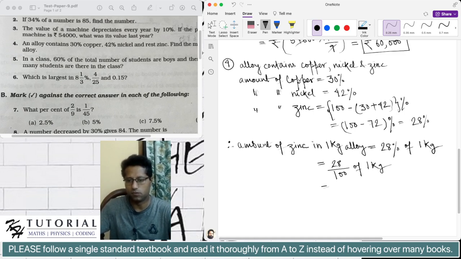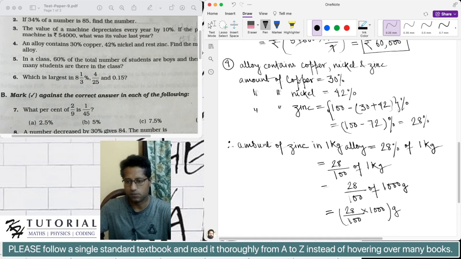So this is equal to 28 by 100 of, let's convert 1 kg to gram, we have 1000 gram. So this is equal to 28 by 100 multiplied by 1000 gram. 100 cancels 1000 with 10.